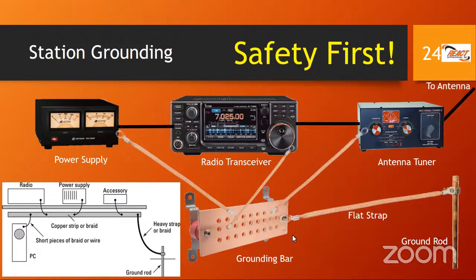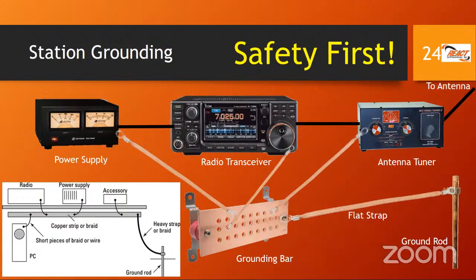And then the ground bar also uses a cable, a nice thick cable, to go outside of our shack to the ground rod that is driven into the earth. And that's how we ground our equipment. And here is a little diagram to show how we ground. So you may want to pay attention to this. Grounding, very important. A bit controversial, yes, but grounding is important for us to understand for safety purposes.